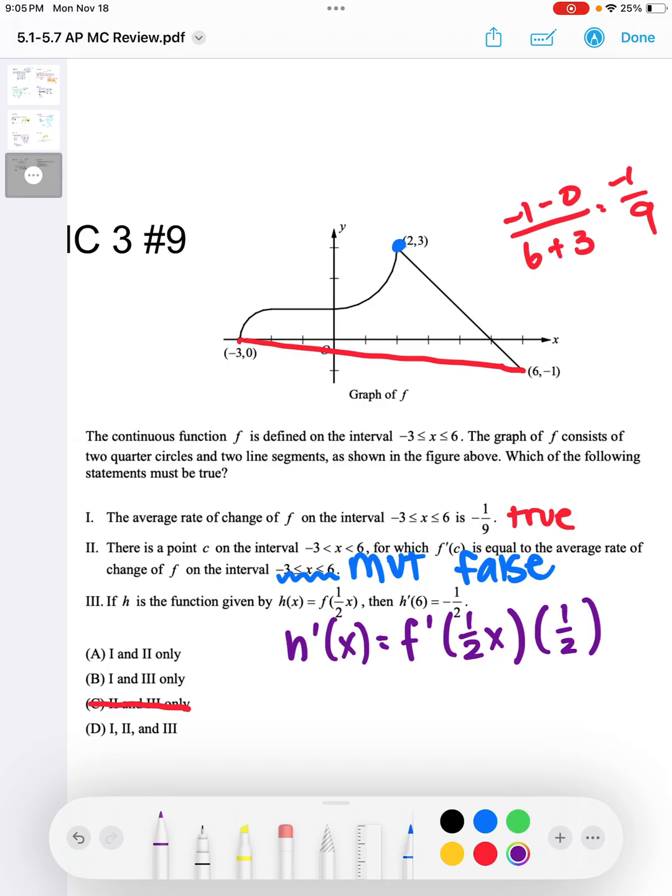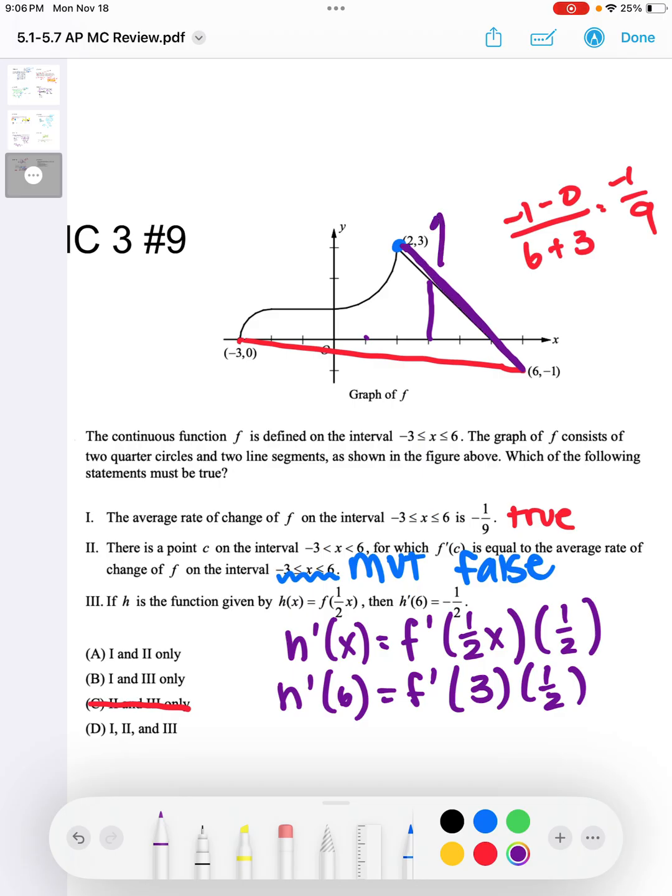Now we're finding h prime of 6. So I'm going to fill in 6, which is going to be f prime of 1/2 times 6, which is going to be f prime of 3, times 1/2. Well, f prime of 3 is going to be right here. I want the prime of this line, so I want the slope of this line.